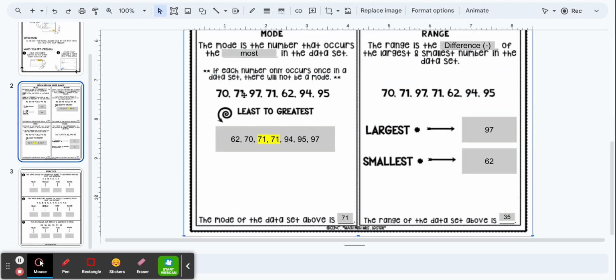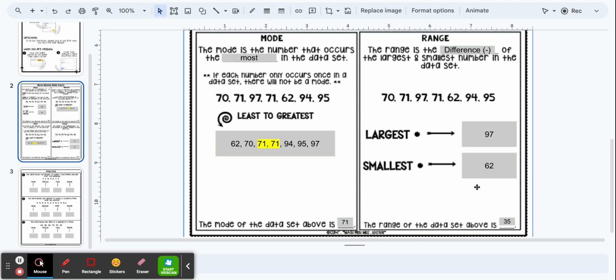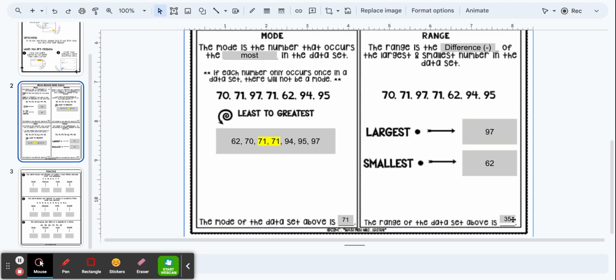Same thing with mode. Range is different. It might not be within the numbers that you have here. So we just want to know the difference between our largest and our smallest number. We're basically just subtracting the smallest from the largest.